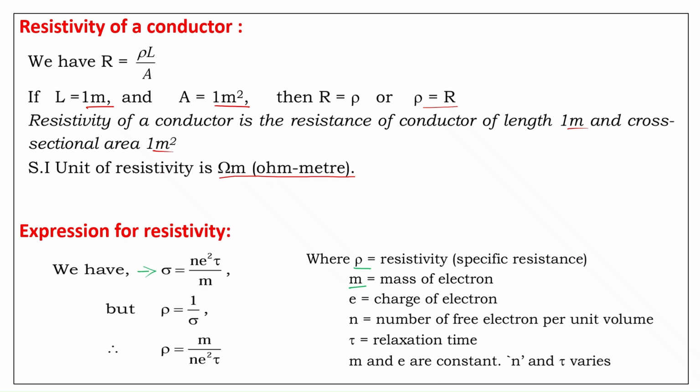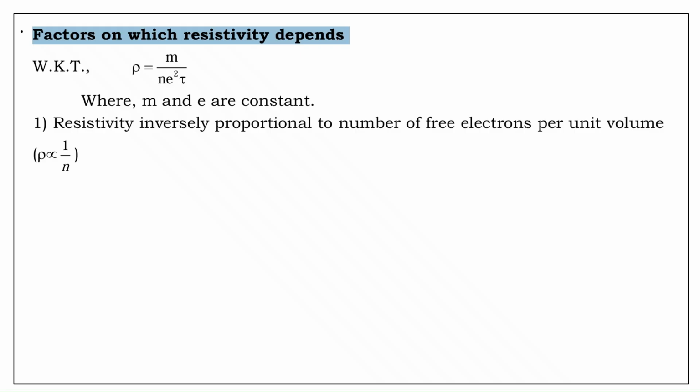M is mass of electron. E is charge of electron. N is number of free electrons per unit volume. Tau is relaxation time. M and E are constant. N and tau vary.